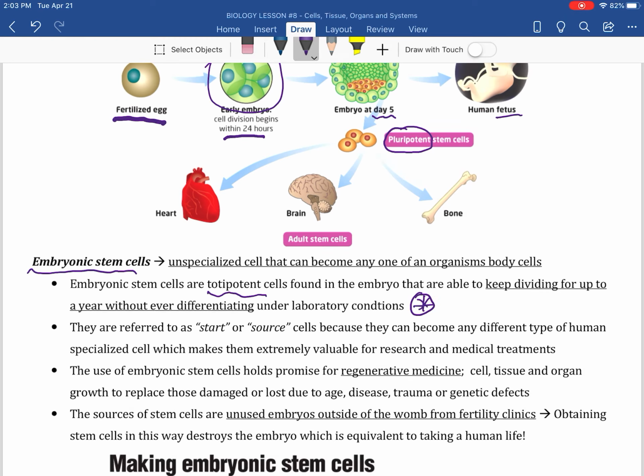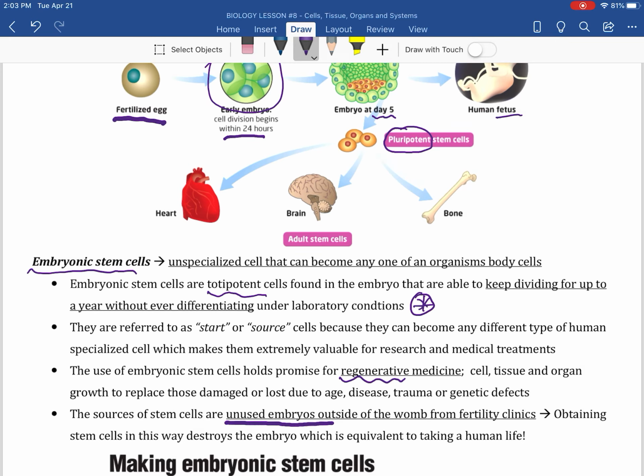So this is very valuable to scientists. They've been doing a lot of research with these embryonic stem cells for regenerative medicine. So people who have damaged cells, tissues, or organs can use these embryonic stem cells to once again grow new tissues or organs.